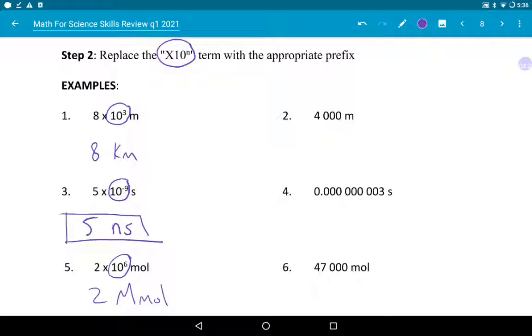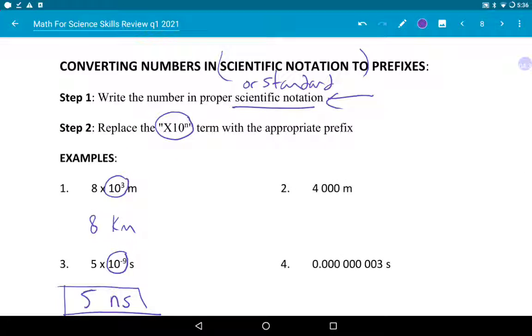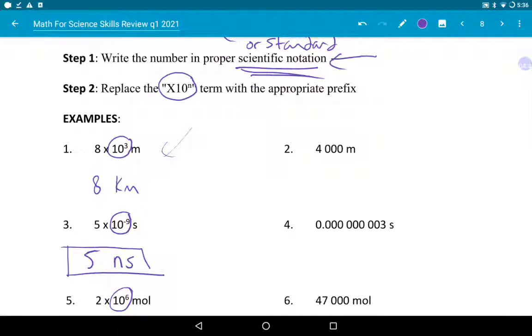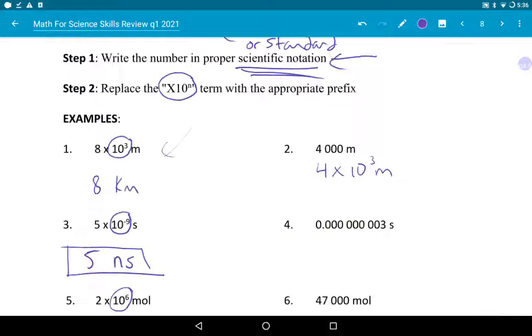For this, we need to do the first step. We have to get to scientific notation first before we can do the work we did over here. So this is going to be 4 times 10 to the 3 meters, and we already found 10 to the 3. We look across, that's kilo.